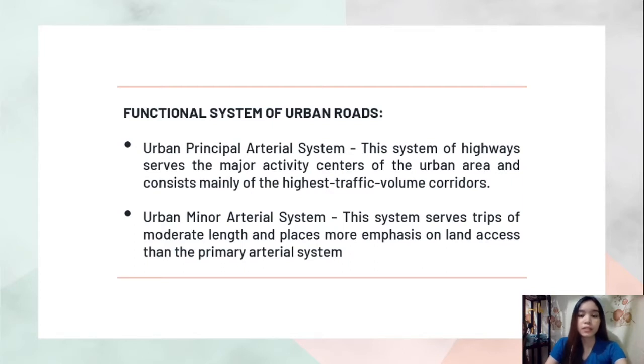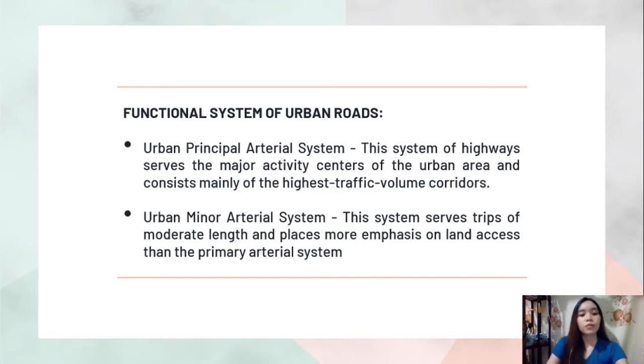This system of highways serves the major activity centers of the urban area and consists mainly of the highest traffic volume corridors. It carries a high portion of the total vehicle miles of travel within the urban area, including most trips within a region or destinations within the urban area.